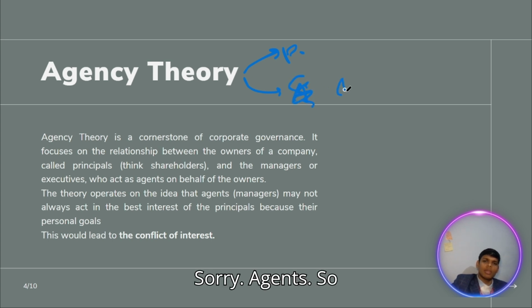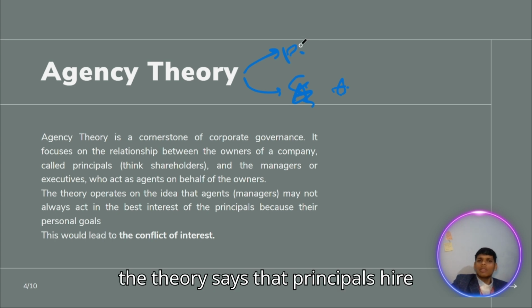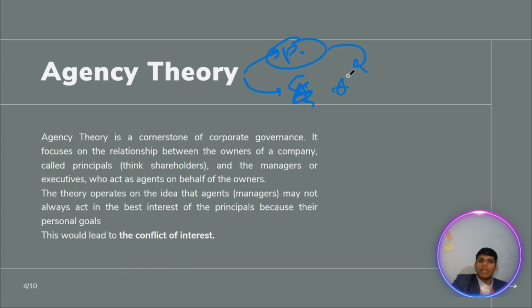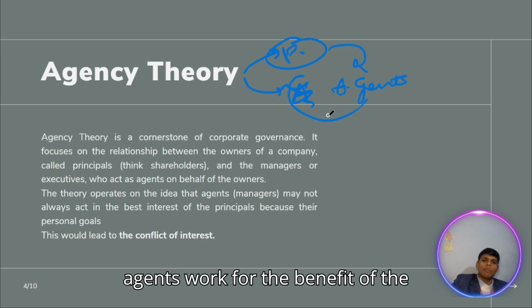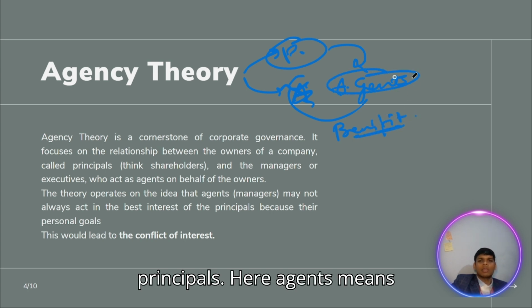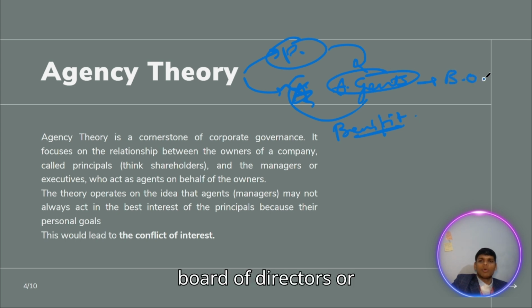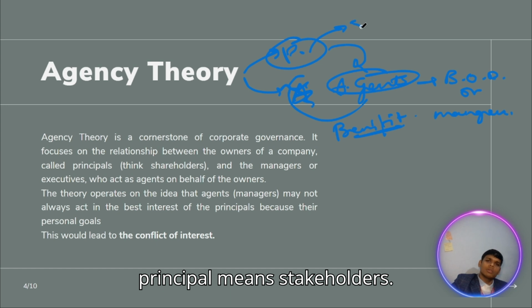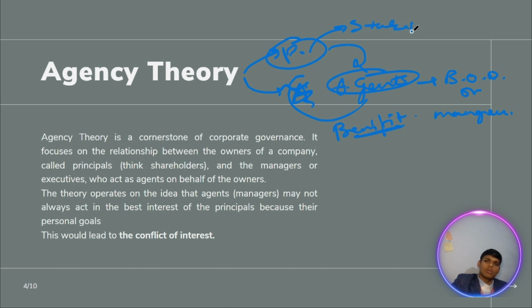The theory says that principals hire agents and agents work for the benefit of the principals. Here agents means board of directors or managers, and principals means stakeholders or owners.